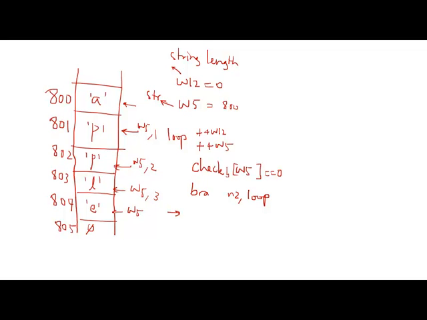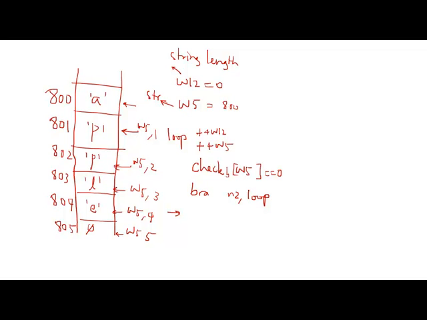W5 pointing to here, and my count would be 4. Then when I go back up there, W12 is going to be incremented, which is 5. W5 is going to increment to here, and then if I check this to be 0, then I do branch not 0. I go out of there, then basically W12 is going to give me the string length.